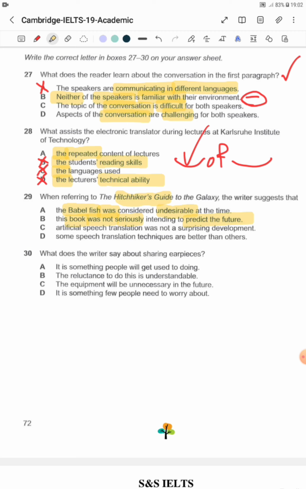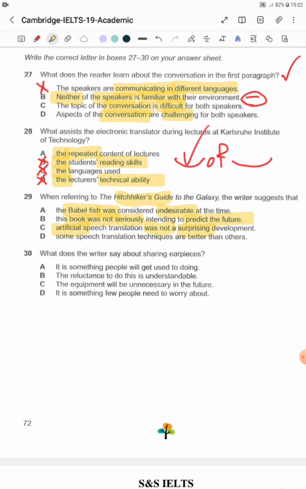Next one, artificial, adjective. Artificial speech, the adjective is our priority. Artificial speech translation was not... The word combination of nouns pertaining to "was not" was artificial speech translation, surprising development.